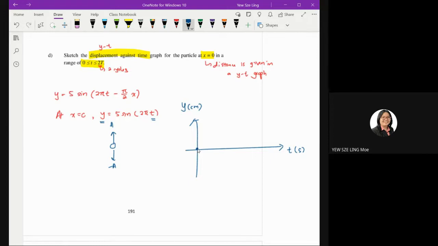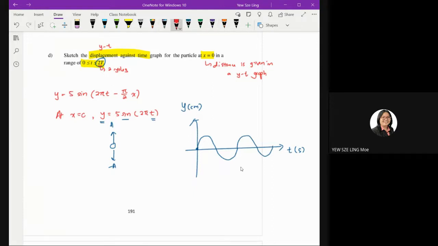So at time t equals 0, my object starts from 0, and it is a sine function. So I'm just going to sketch a sine graph. But the question is asking for 2T, 2 cycles, so you need to add one more cycle. You cannot have more than 2, and you cannot have fewer than 2.